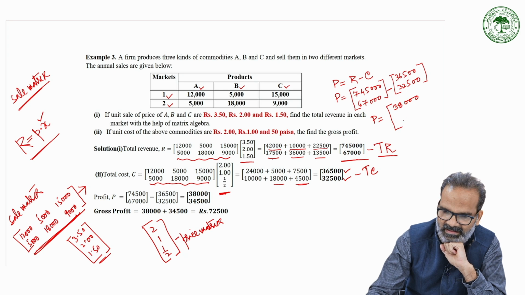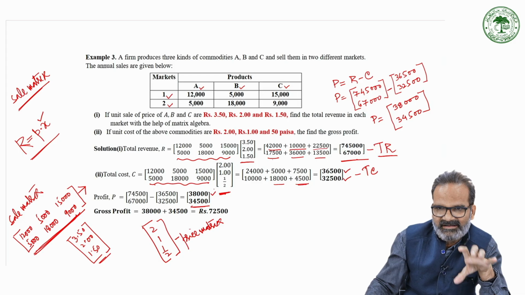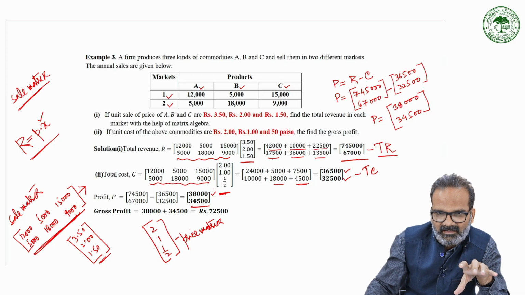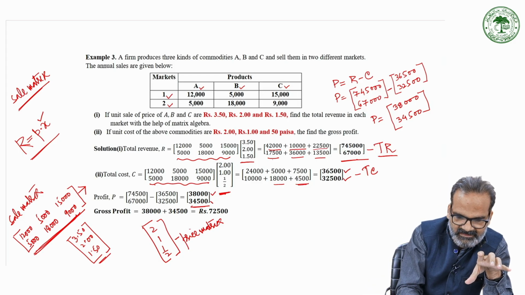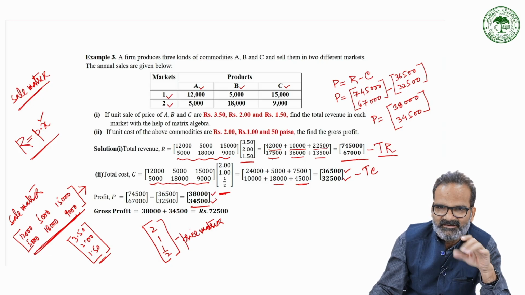So the difference of these two, you will get 38,000 and 345,000, right? This matrix. So the first element is the profit generated by market 1, and the second element shows the profit generated by market 2, right?